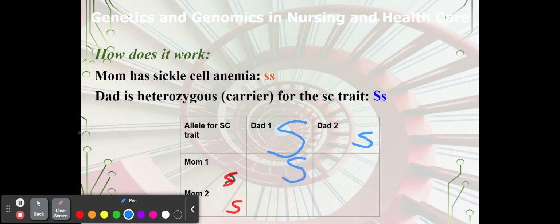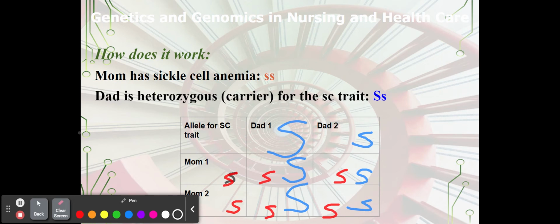Let's fill out our boxes. Big S's in that box, little s's in that box, and then little s's going across. Mom has a 100% chance of passing on this allele. Dad has a 50% chance. So with any given pregnancy, remember every time there's a conception, you roll the dice all over again as if you've never done it before.